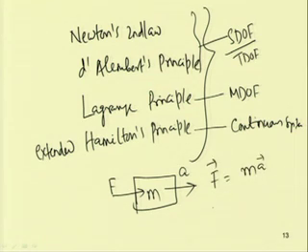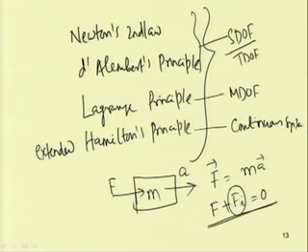In D'Alembert principle, we can write the external force plus the inertia force equal to 0. This is D'Alembert principle, where this Fi, the inertia force, is equal to mass into acceleration, and it acts in a direction opposite to that of acceleration, so we put a negative sign. By using D'Alembert principle or Newton's second law, we can derive the equation of motion for single or 2 degrees of freedom systems conveniently.